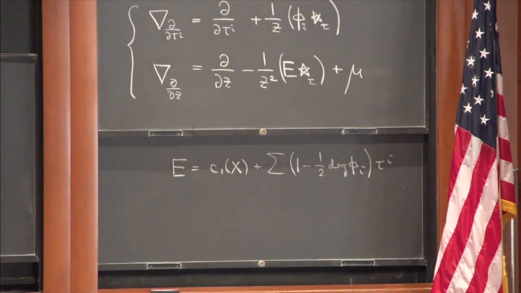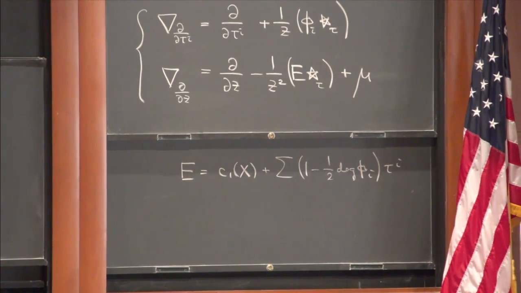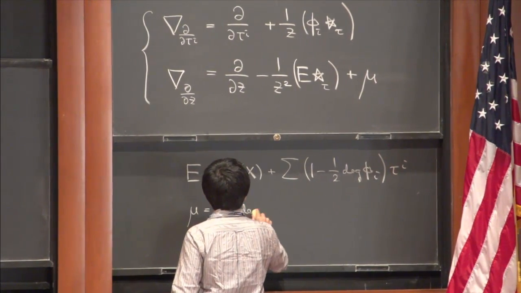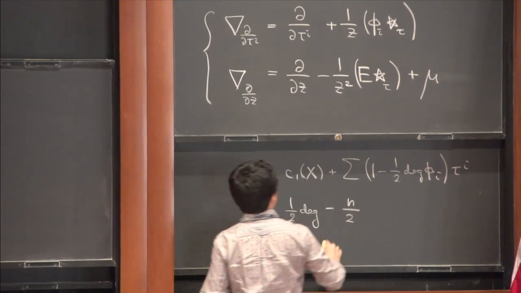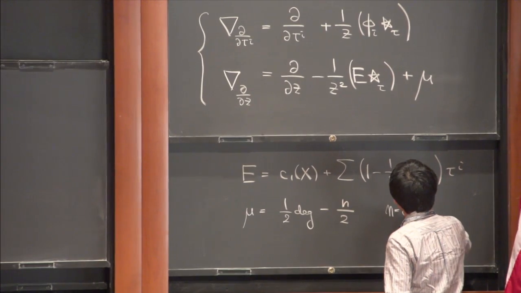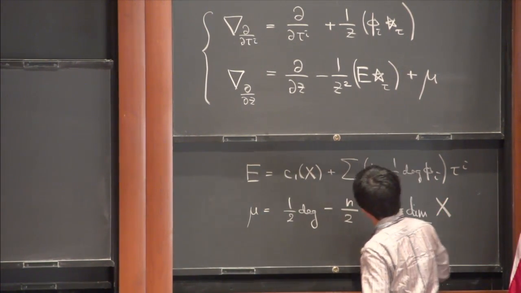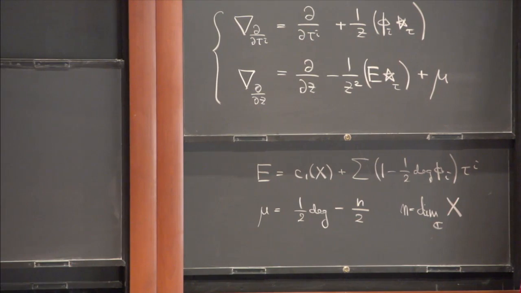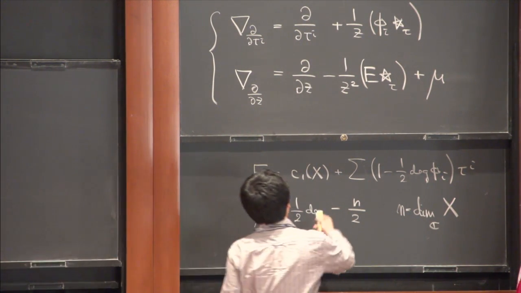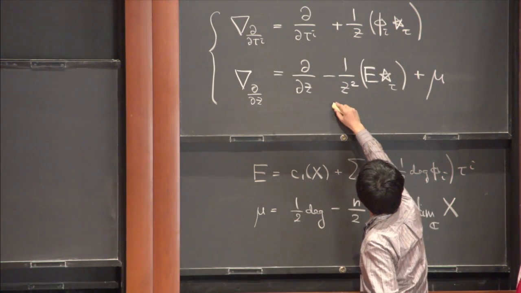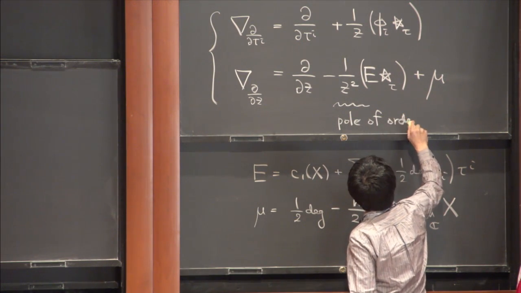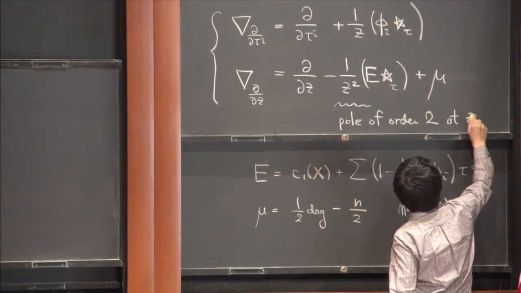So this is basically just the first Chern class, and mu is a grading operator: one half of the degree minus half of the dimension n, where n is the complex dimension of X. This connection is flat, but it has a singularity at z equals 0. I would like to note that it has a pole of order 2 at z equals 0.